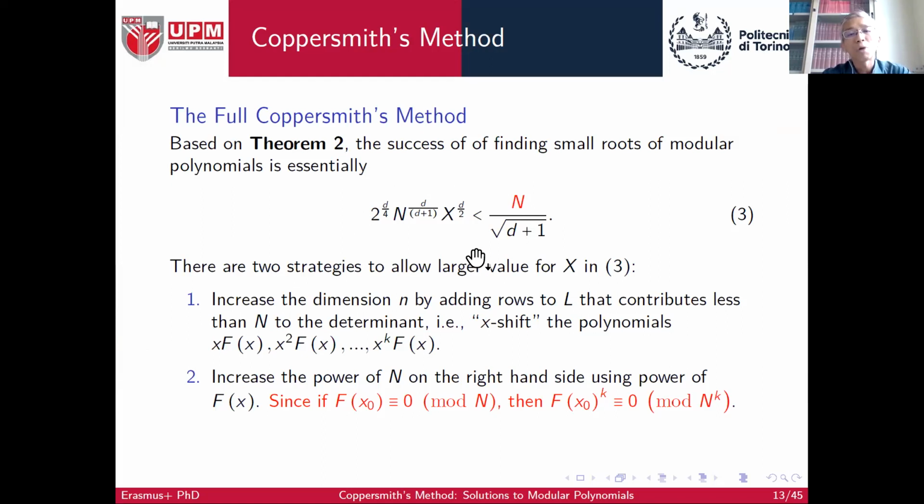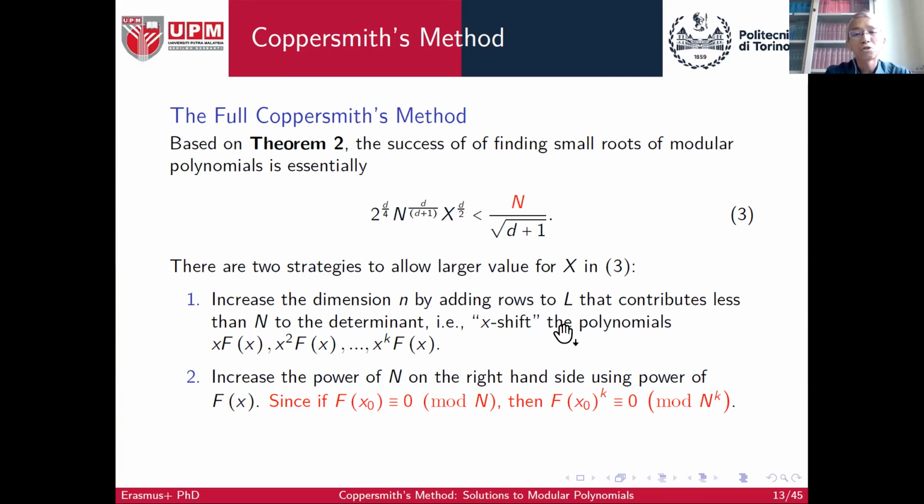Now, there are two strategies for us to enlarge the size of this integer x in this equation 3. The first strategy is to increase the dimension of the basis by adding rows to the lattice that contribute less than n to the determinant, that is the x shift in the polynomial.